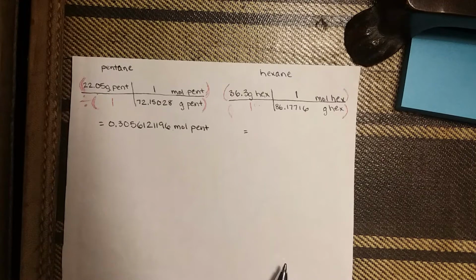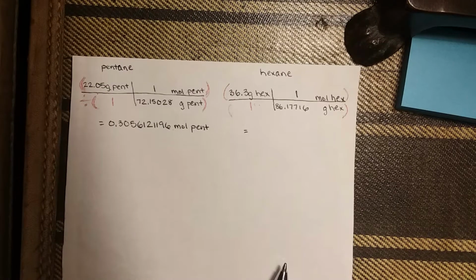Now let's do hexane. So open parenthesis 36.3 times 1, close parenthesis, divide, open parenthesis, 1 times 86.17716, close parenthesis, enter.